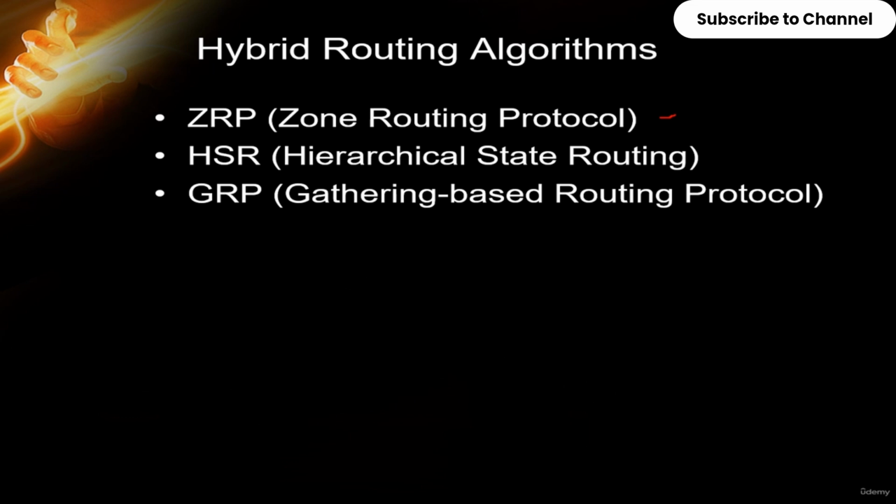It uses bordercast to reach the border nodes. Advantages include that it reduces the control overhead by limiting the scope of proactive routing, route availability within the zones is provided properly, and it efficiently handles large and dynamic networks.